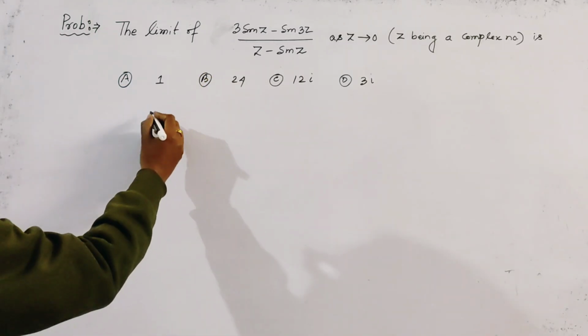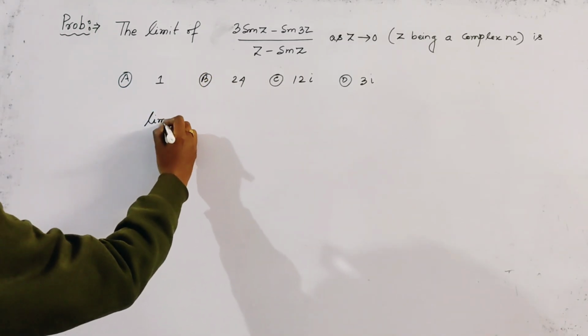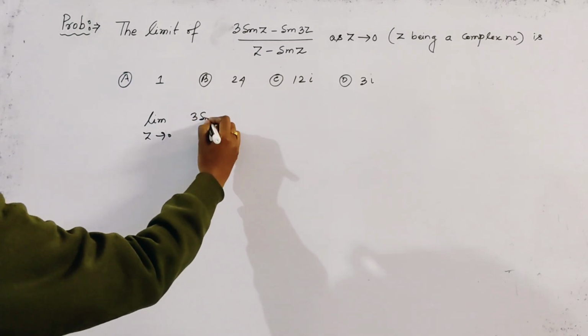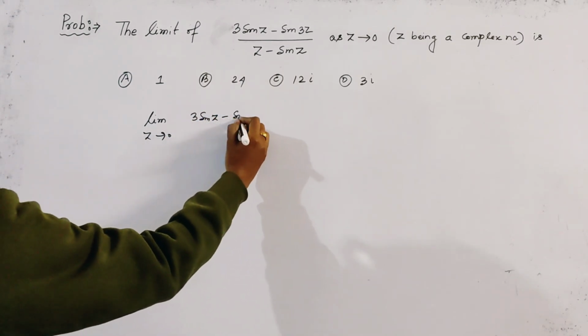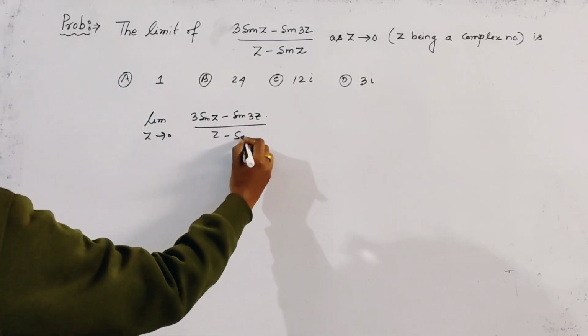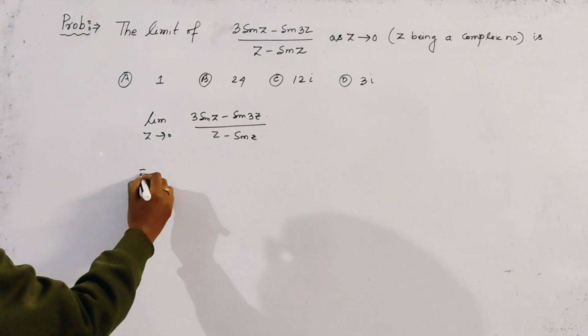Okay, here the limit, if we write limit z tends to 0, this is (3 sin z minus sin 3z) by (z minus sin z), right?